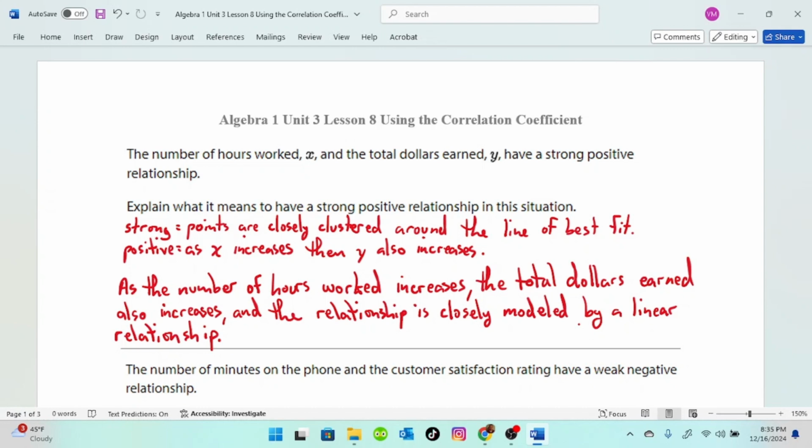But in order to explain it in relation to this specific situation, we need to mention things like the number of hours worked increasing and the total dollars earned increasing. That takes it from a general description to a specific description that is talking about this specific situation rather than just some overall generalized model.